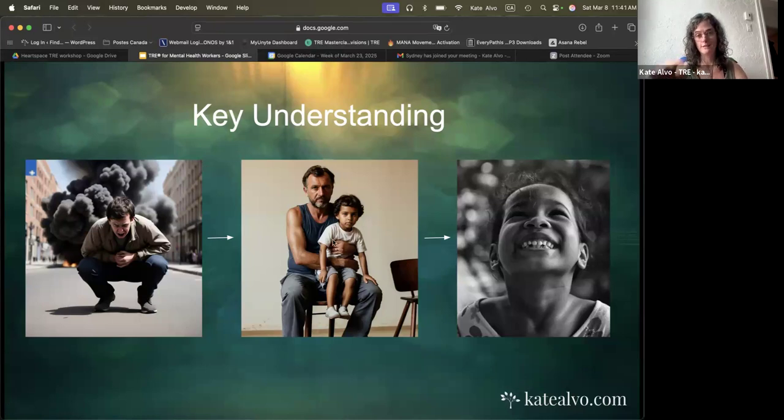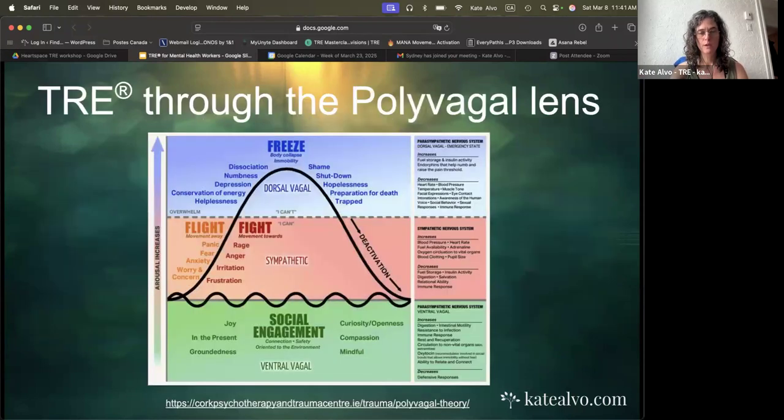And once that has been worked out of the body, then here we can see this child accessing joy, peace, and well-being. So that's my maybe not so amazing attempt at showing that with photos, but that was a really important understanding for him.